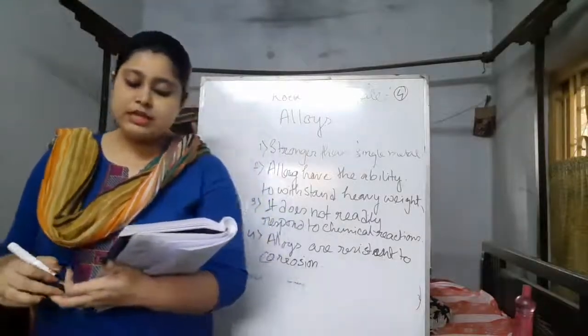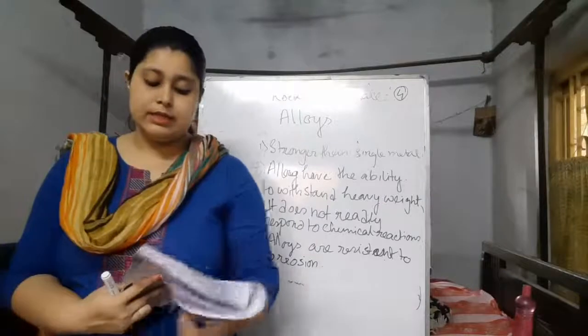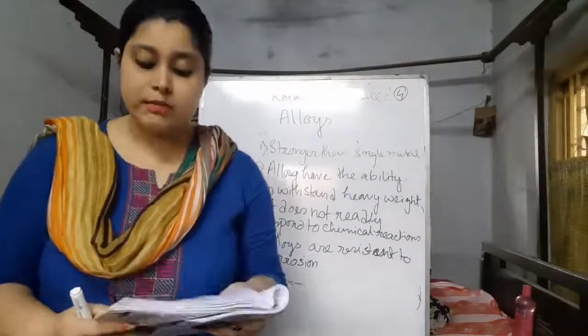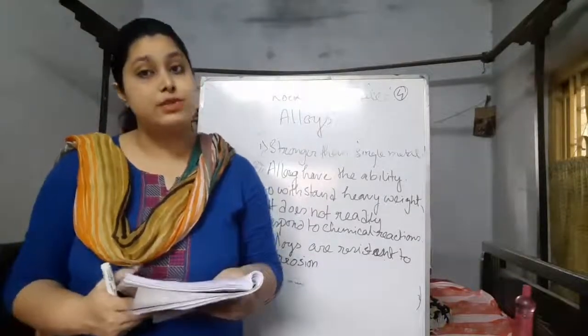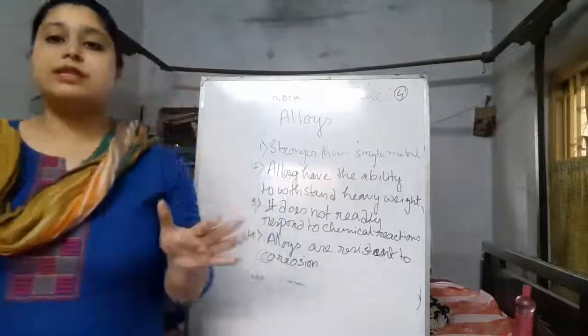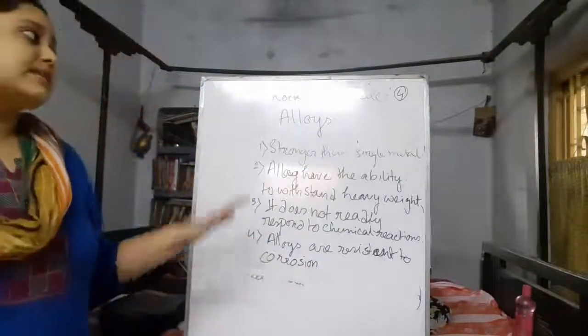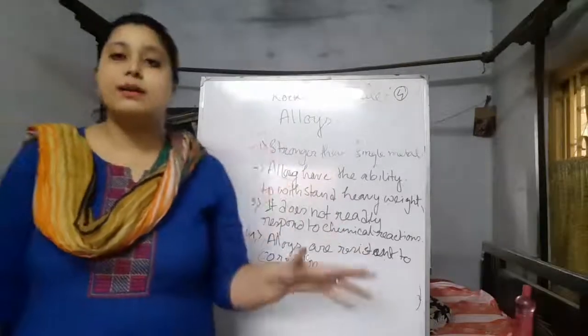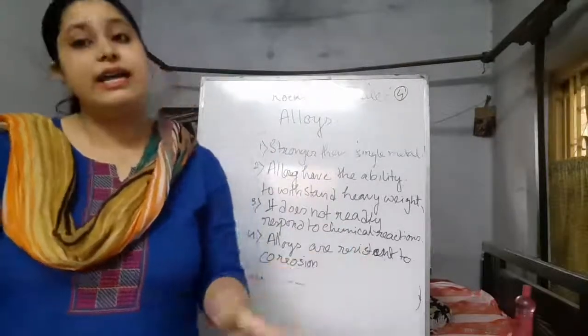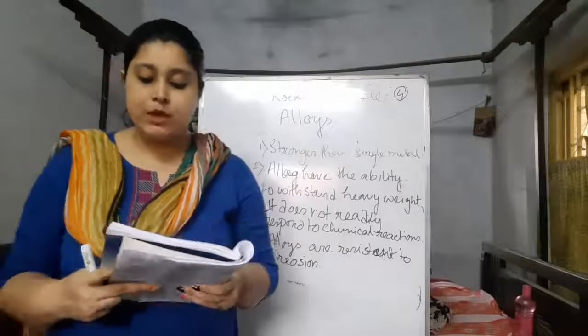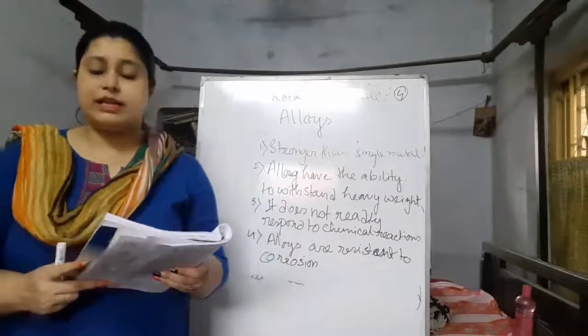Alloys are not always a mixture of two or more metals, but may contain one metal combined with other substances too. It is not mandatory that two metals mix to form an alloy. Sometimes one metal and other components that are not metals can be mixed. Okay, it can be a non-metal or any other substance.